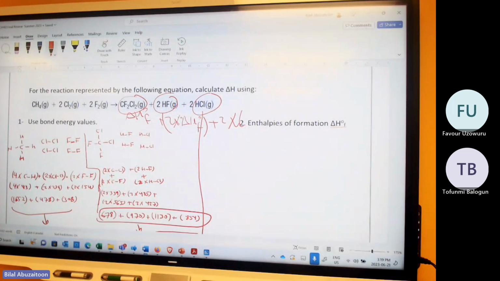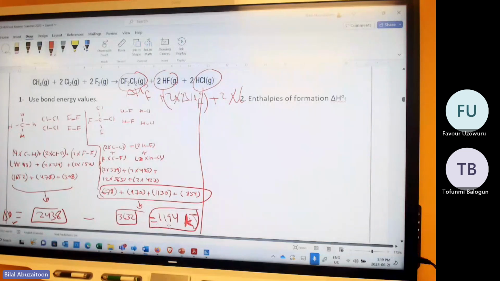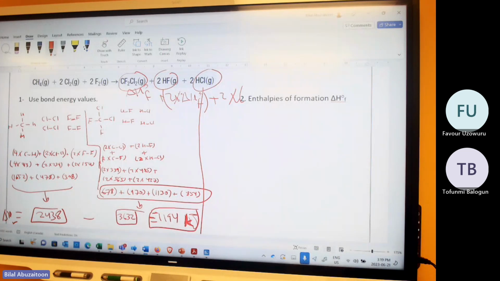Did you find the value? The answer? It should be very close to negative 1,149. I found it for HF, 2 times negative 273. You found it for this HF, the total or 2 times?